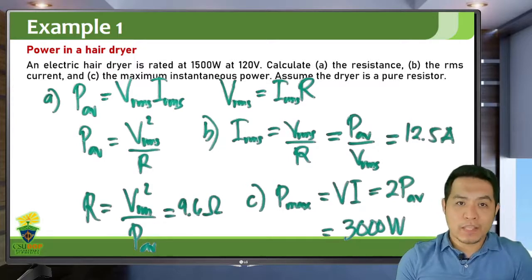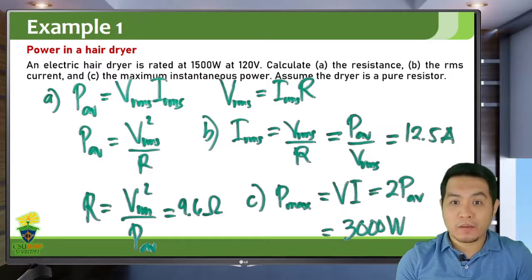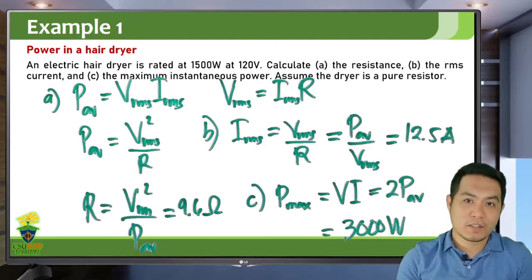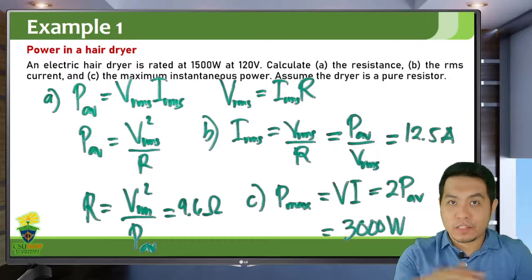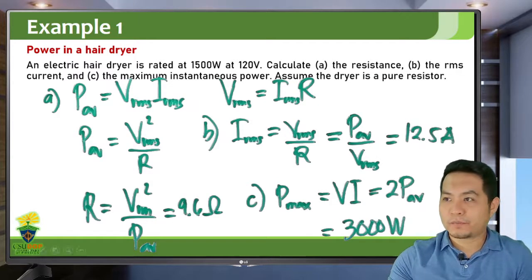This means that for this hair dryer, even though it's rated at 1500 watts, the power is actually swinging from 0 to 3000 watts, having an average in the middle of 1500 watts.